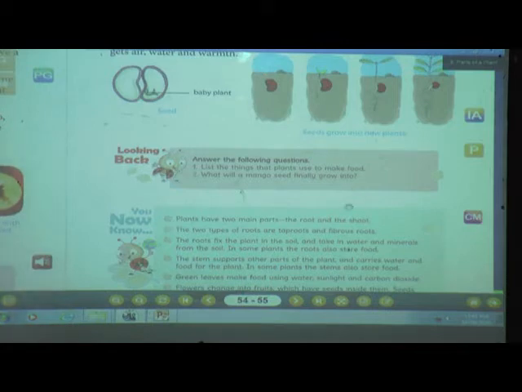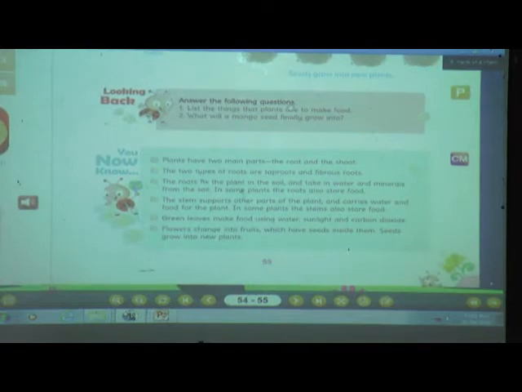So here, now what do you know from this full lesson? Plants have two main parts, the roots and the shoot. The two types of roots are tap roots and fibrous roots. The roots fix the plants in the soil and take in water and minerals from the soil.